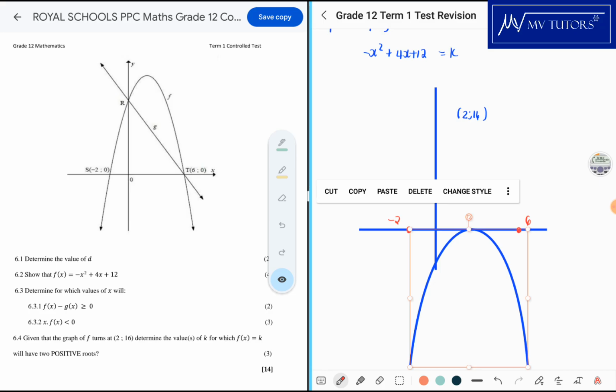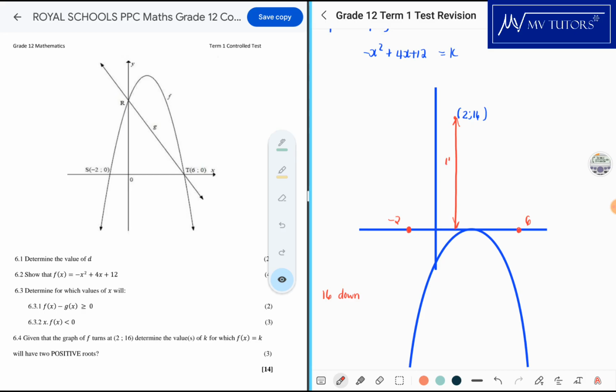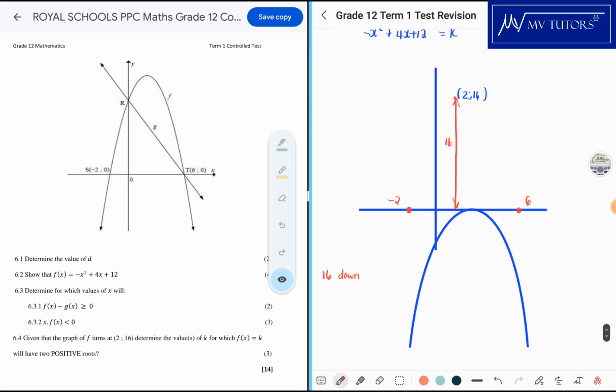And at what point will the turning point be at the x-axis? It will be after I've shifted 16 units down. So this is 16 units down, okay, because we come from there. And to get all the way to the x-axis, that is 16 units. But how am I going to get this value over here?